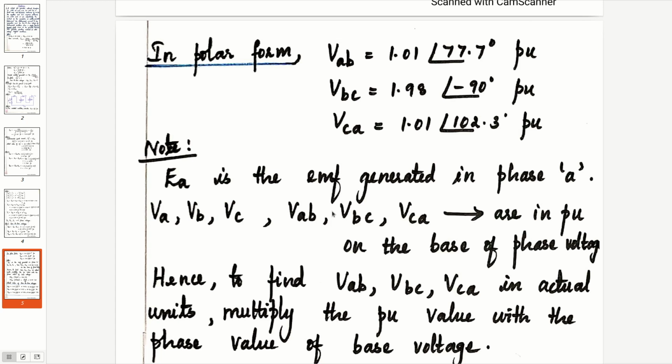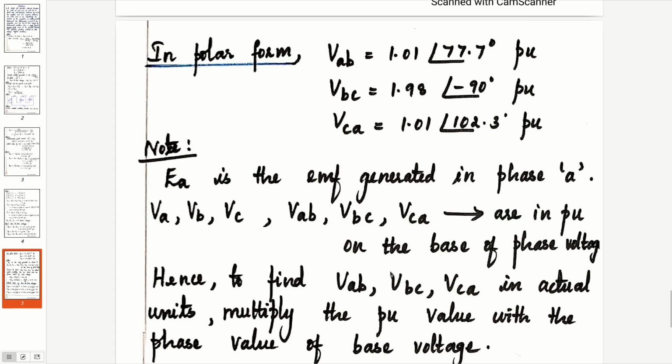While converting these line voltages into actual units, you have to consider the base voltage for conversion as the phase value of the given machine voltage. This is very important.